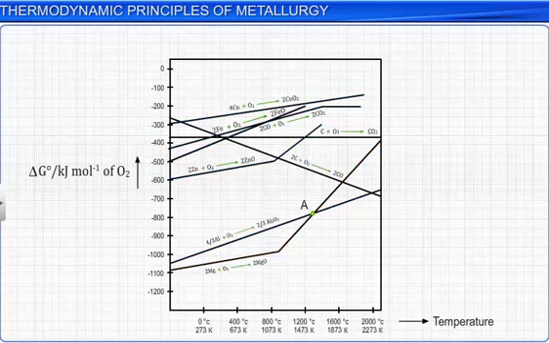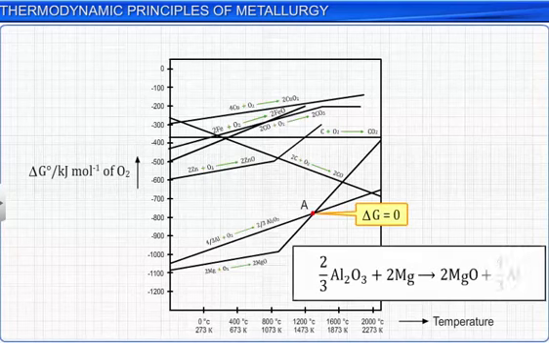At the point of intersection A of the curves for aluminium oxide and magnesium oxide, the change in free energy delta G becomes 0 for the reaction 2/3 Al2O3 plus 2 Mg gives 2 MgO plus 4/3 Al.